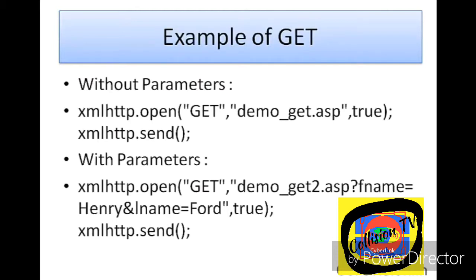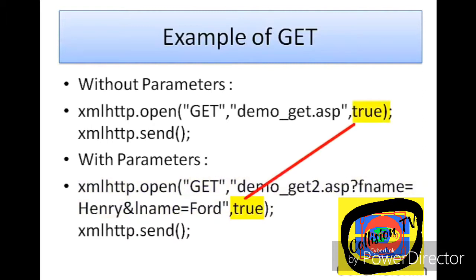So this is the example of a GET method without a parameter. We are simply offering the URL and then sending it. While in the case of a script accepting parameters, we use a question mark for concatenation and then use AND for multiple parameters, and then send it off to the server.